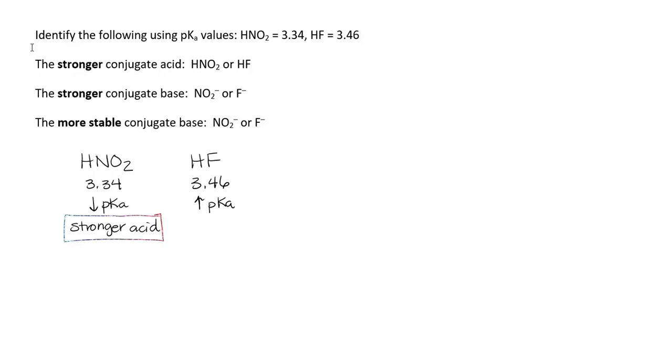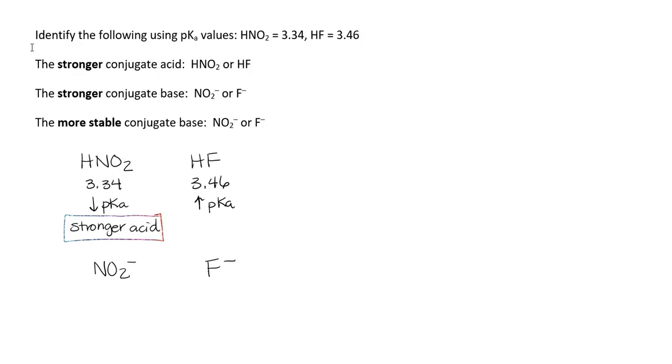The next question is asking, which conjugate base is stronger? Now we've just used the pKa's to identify the stronger acid, and the acid has to be the protonated form. If we look at the deprotonated form, in other words, if we remove an H and a plus, then we have NO2 minus and F minus.